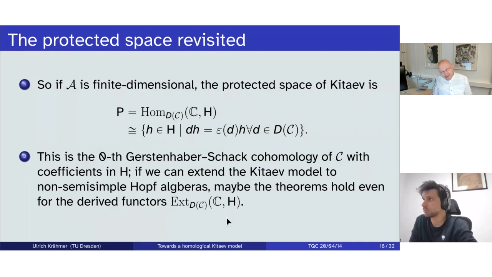And suddenly you could turn things upside down and say, we can use quantum computation to define interesting invariants of non-semi-simple Hopf algebras. And that's why I really get excited about this story, and that's also why we want to go to non-semi-simple.